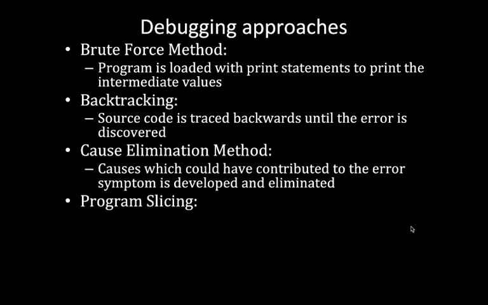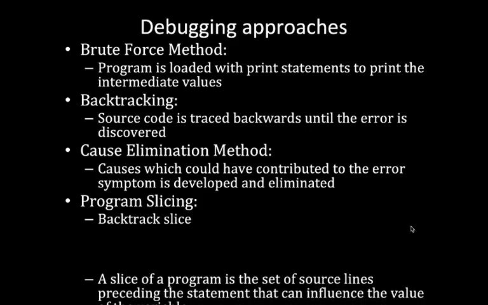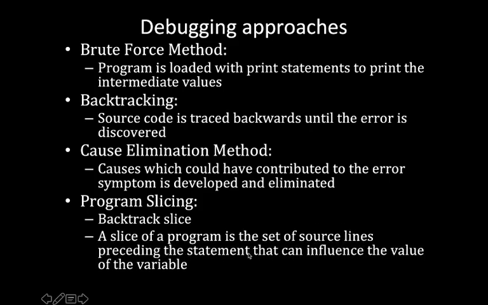Then the next method is program slicing. This is similar to backtracking. Here a slice of a program is a set of source lines preceding the statement that can influence the value of a variable. In backtracking, if some error has occurred, we have to start from that symptom and backtrack until we find that error.